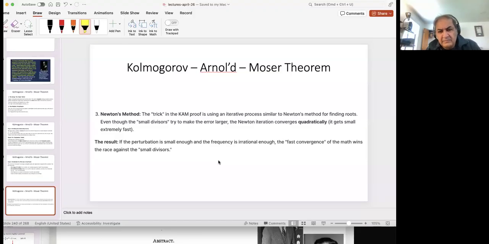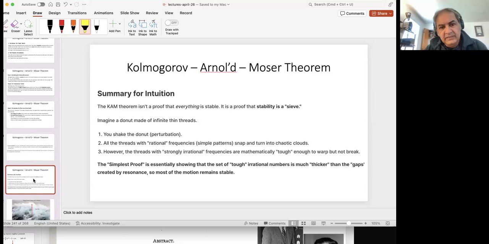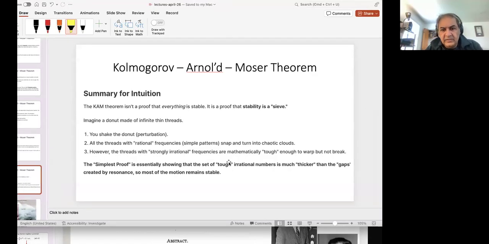From a personal standpoint, it's not important to get into the proof. It's just important to understand what the Kolmogorov-Arnold-Moser theorem says, basically that a set of irrational numbers gives a tougher thing in terms of stability.